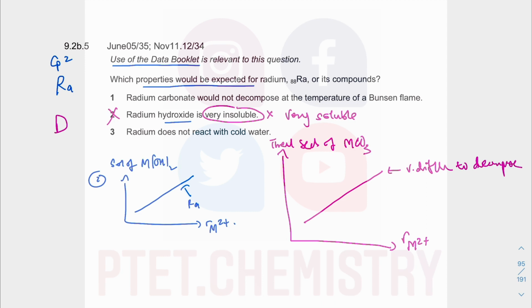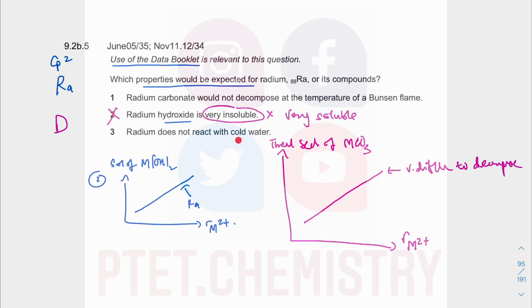So instead of thermal stability, they could put down temperature of decomposition. I can work out number 2 is incorrect, therefore number 1 must be correct. And it matches the trend that the group 2 carbonates become more difficult to decompose down the group. And number 3 must be wrong by logic of number 2 being incorrect.